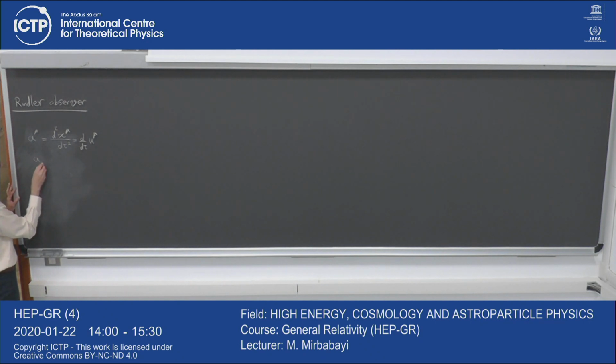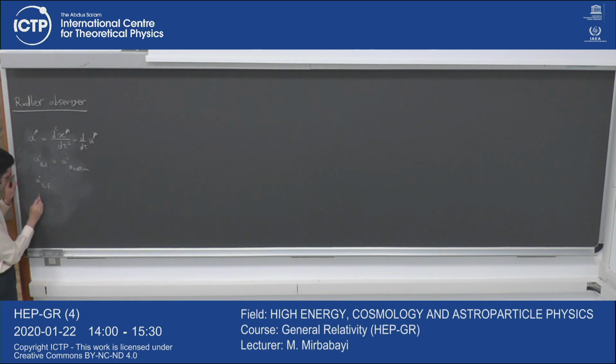So in the rest frame, A^i is the Newtonian acceleration, and then A^0, we mentioned that it's 0 in the rest frame.